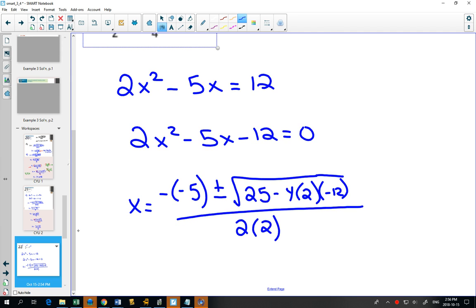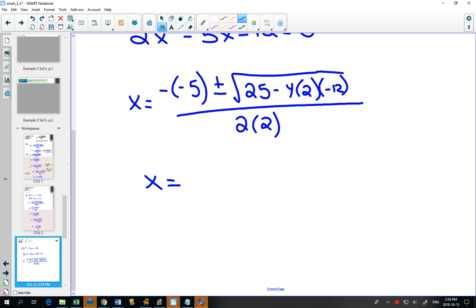And simplifying this, we get x equals 5 plus or minus. Inside there, what are we going to get? 25 plus 96, which is 121, divided by 4.